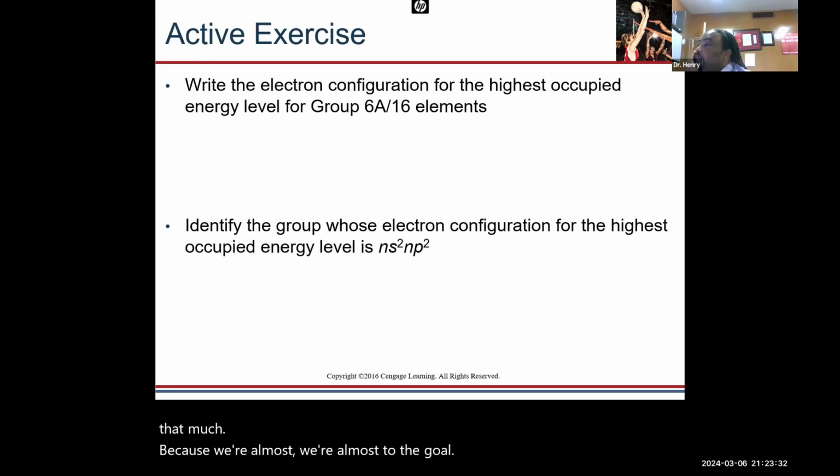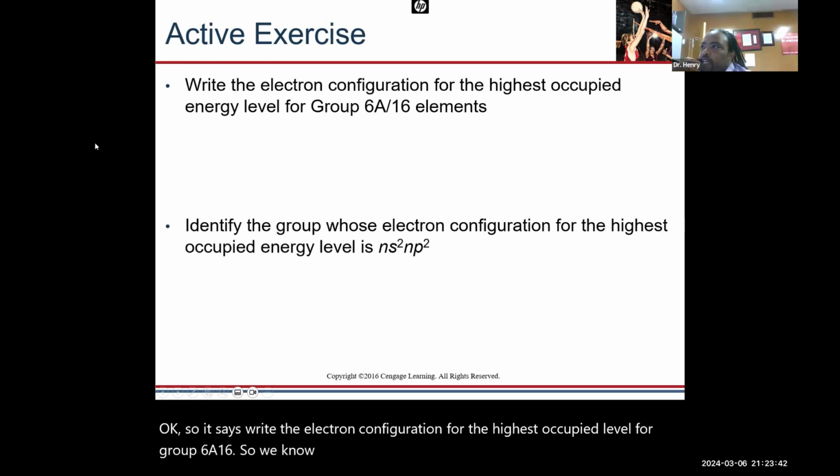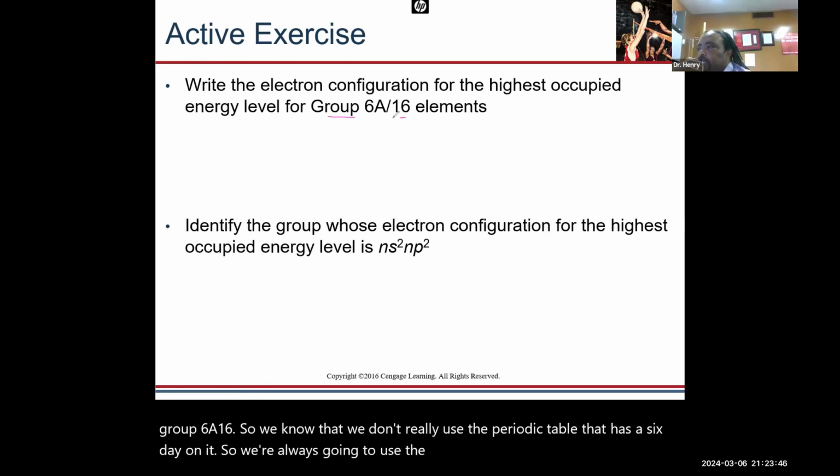Okay, so it says write the electron configuration for the highest occupied level for group 6A, 16. We don't really use the periodic table that has the 6A on it, so we're always going to use group 16.